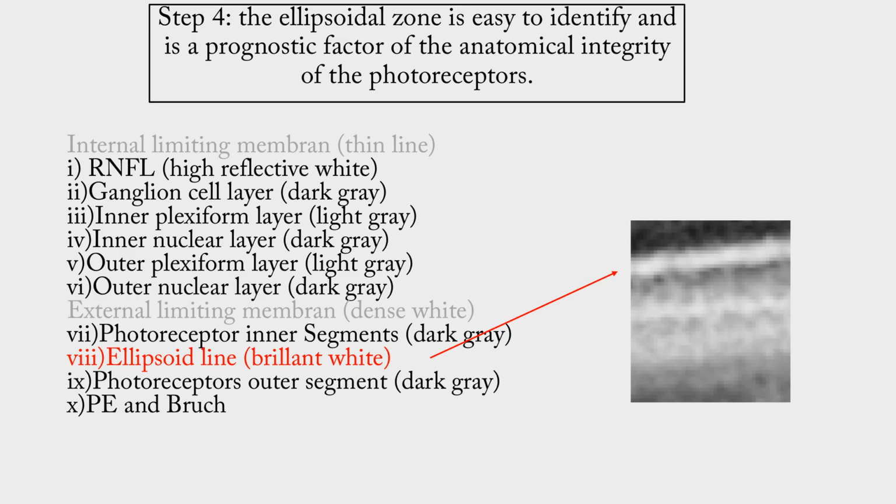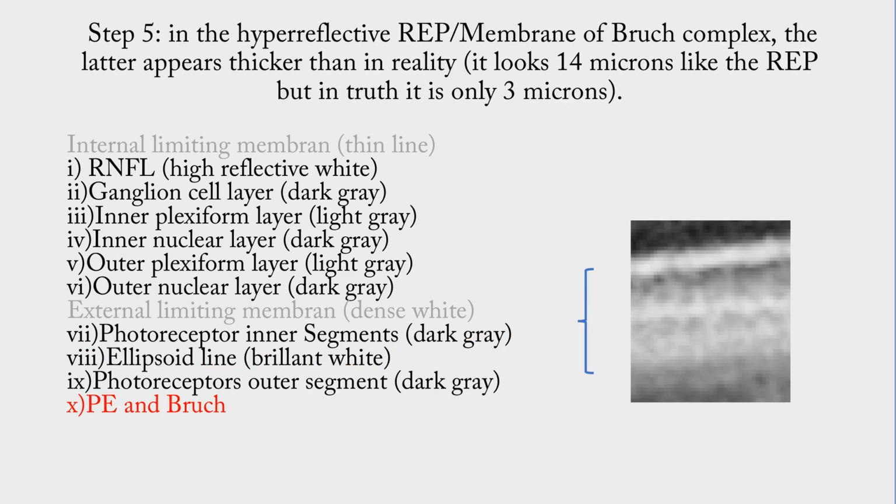Step 4, please note that the ellipsoid line is bright white due to the high reflectivity of the mitochondria. Bruch's membrane is only 3 microns, but in the OCT it's like 15 microns.